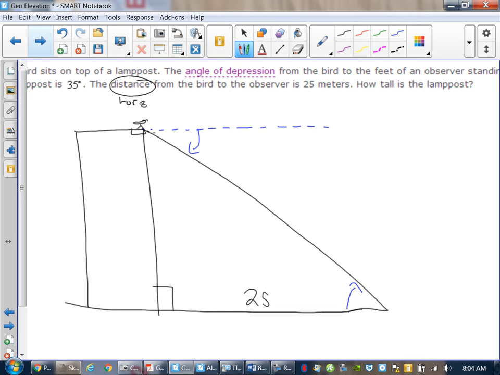Think of them as alternate interior angles. That's all they are, and that's how they switch along that diagonal. So this gives you your 35. So now you have an adjacent, and you're trying to find its opposite. Gee, it's a broken record. What are you going to use?